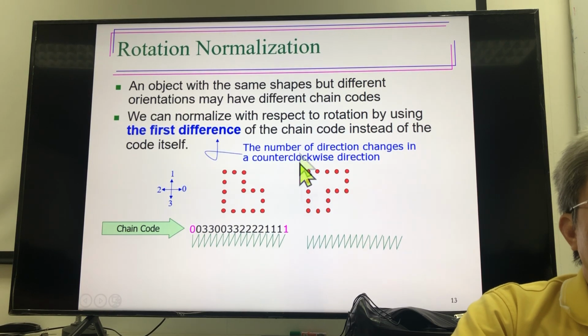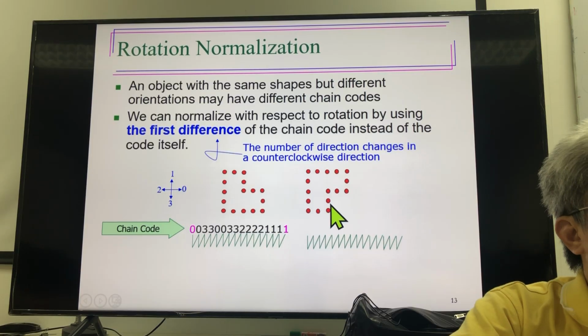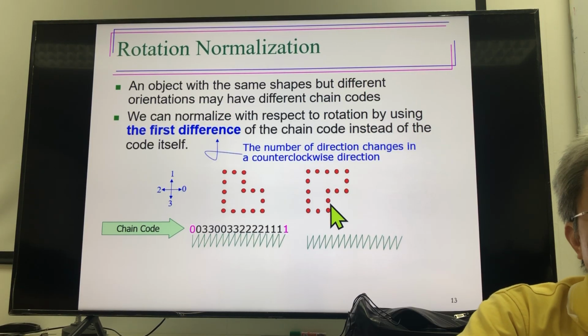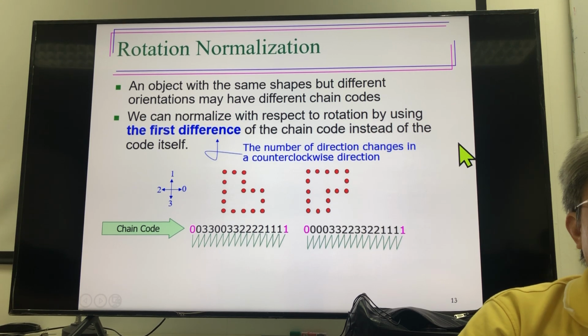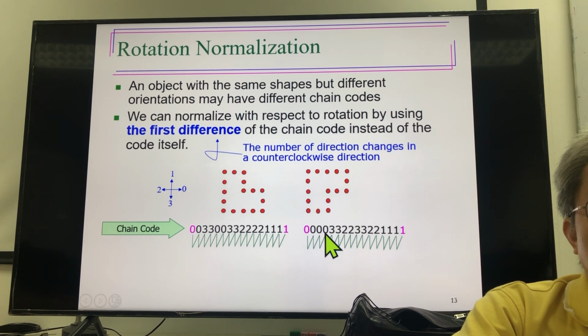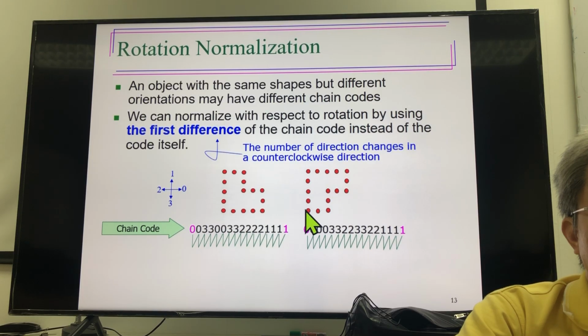However, this one is the same shape, but it's rotated. What happened to this chain code? The chain code is this one: 0 0 0 0 0, and then 3 3, and then 2 2, and then 3 3 2 2 1 1 1 1.